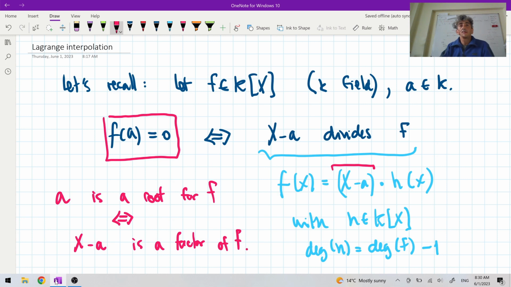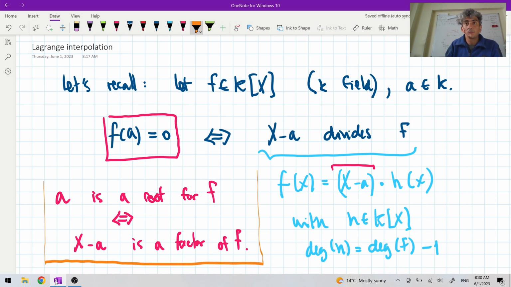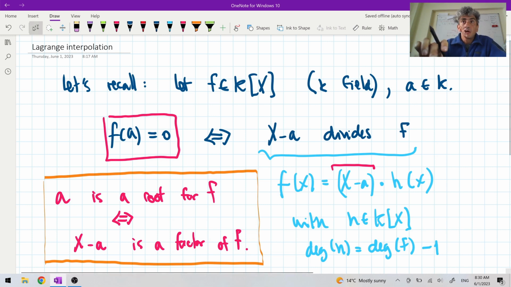This correspondence is very important, and we're going to build on this. We're going to extract a lot of juice out of this correspondence. One of the first things we are going to do is prove a theorem which is very important for us, especially when we work with coefficients in a field.